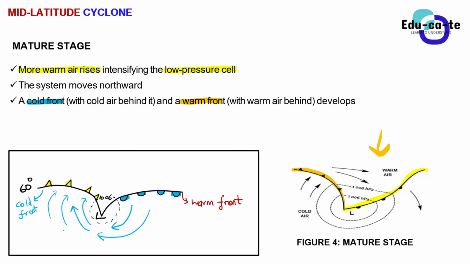And then the warm front, you can see this is the warm front. It has got some warm air behind it as well. Remember, they were warm westerlies, but now we are just going to call them warm air. That's how we differentiate between these two fronts. Okay.